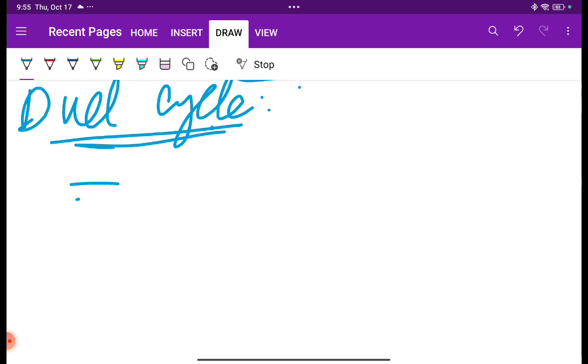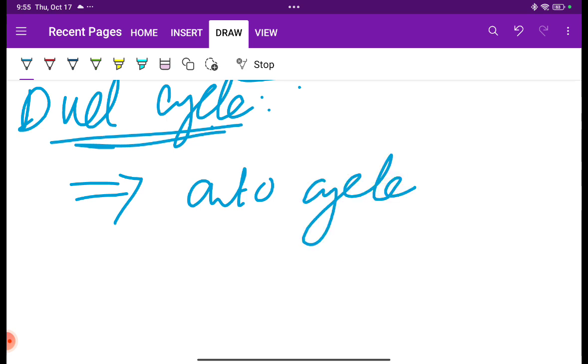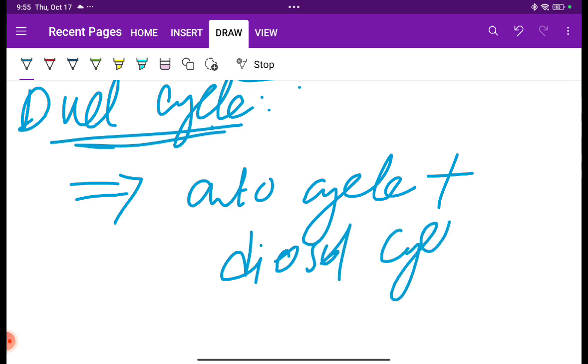We can say it helps to make the real engine profile with the help of a combination of Otto cycle plus diesel cycle.